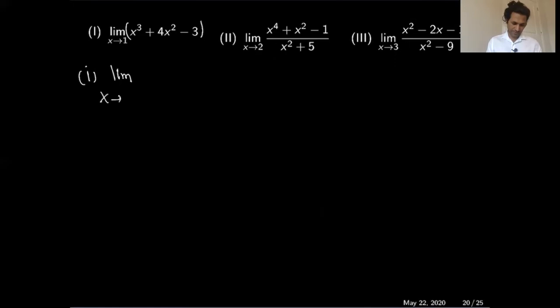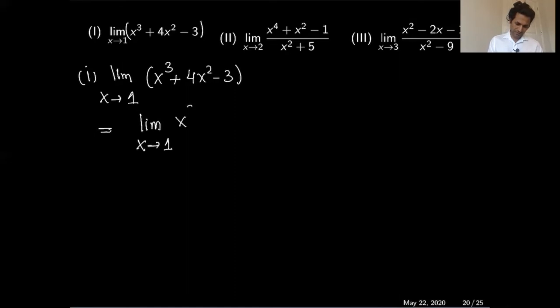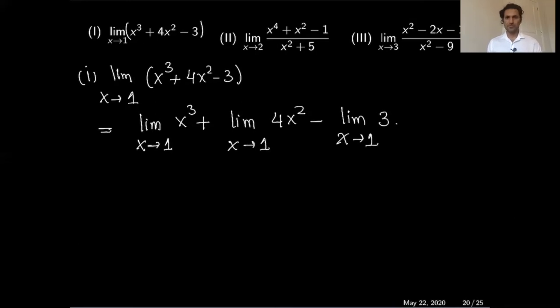So the limit as x approaches 1 of x cubed plus 4x squared minus 3 is equal to the limit as x approaches 1 of x to the power 3, plus the limit as x approaches 1 of 4x squared, minus the limit as x approaches 1 of 3. This is the sum and subtraction law.